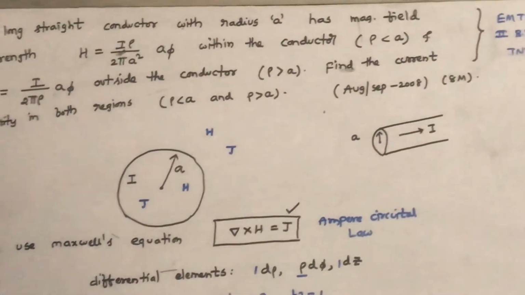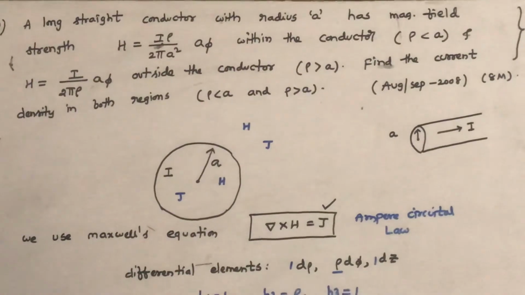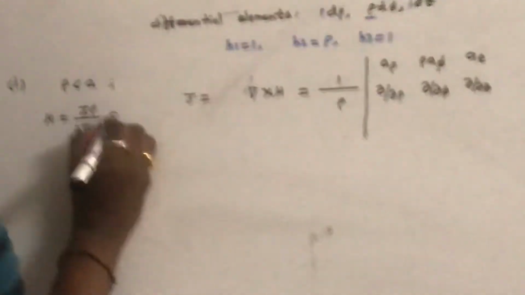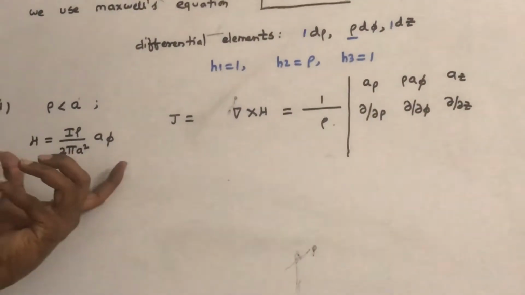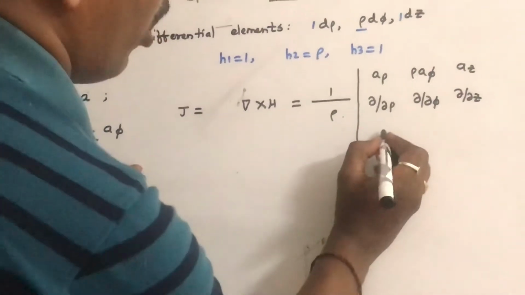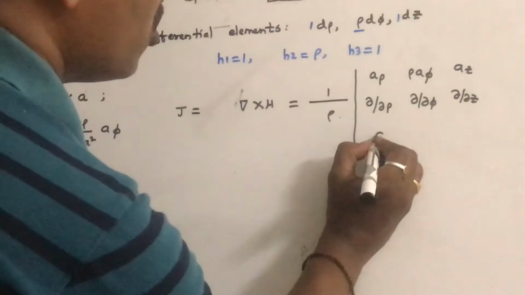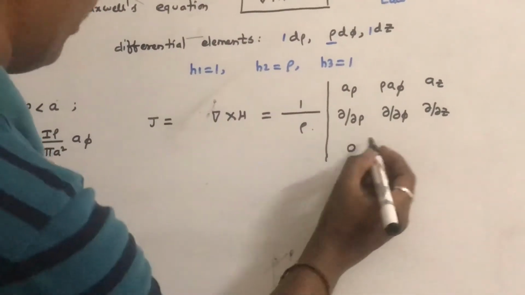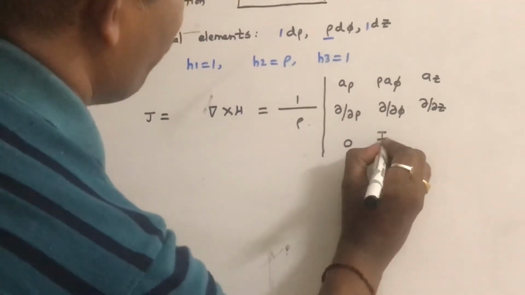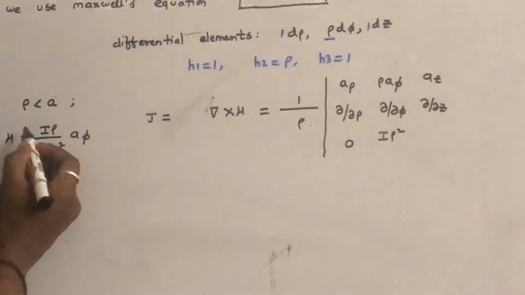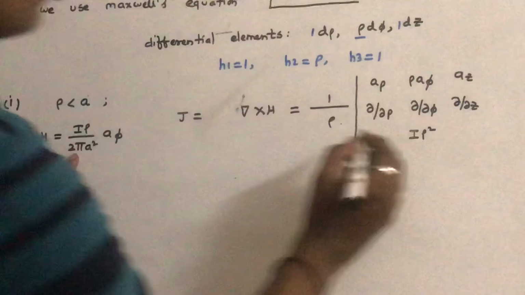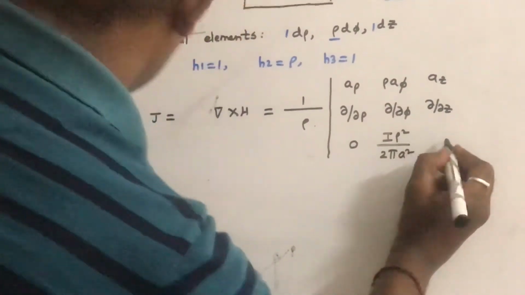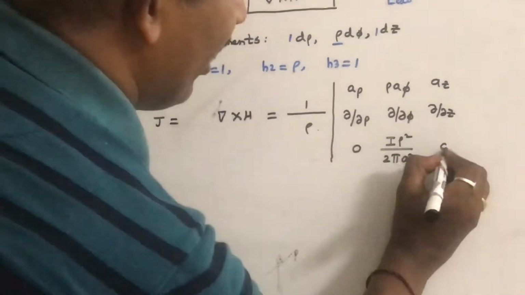The H given inside the conductor is H equal to I rho divided by 2 pi a square a_phi. Since the a_rho component is 0, and for the a_phi component h2 times H gives rho into I rho by 2 pi a square, which is I rho square by 2 pi a square. Since there is no a_z component, we write it as 0.